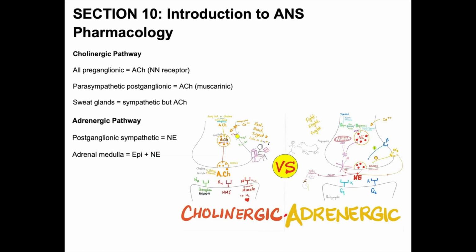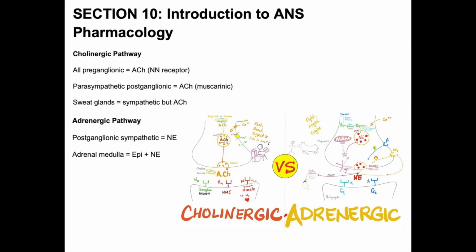All right, so now we are finally switching gears to pharmacology. All preganglionic neurons in the autonomic nervous system release acetylcholine onto nicotinic receptors. Parasympathetic postganglionic neurons release acetylcholine onto muscarinic receptors.